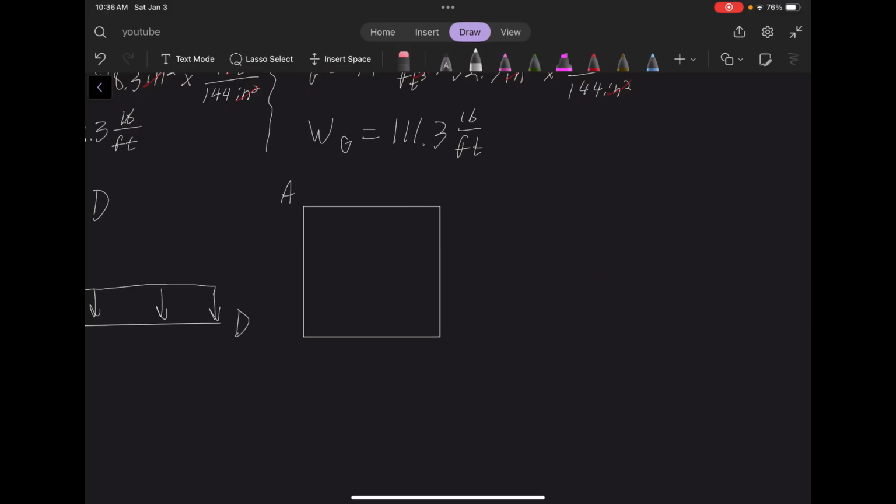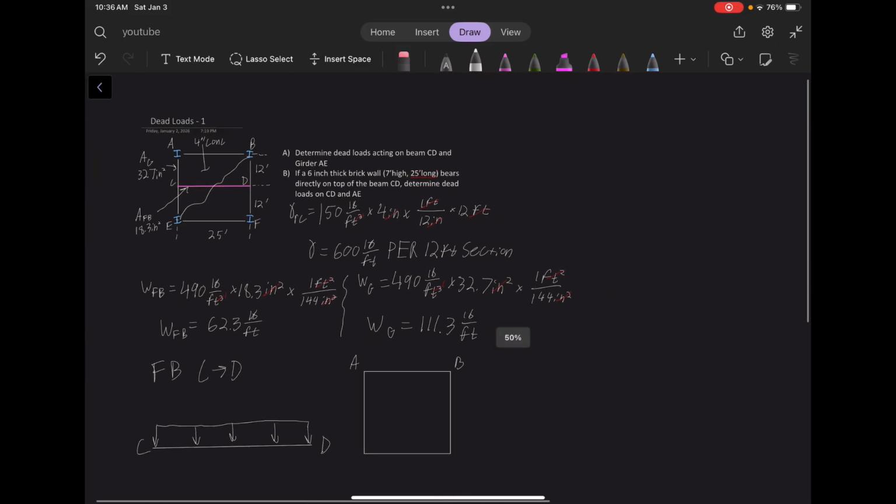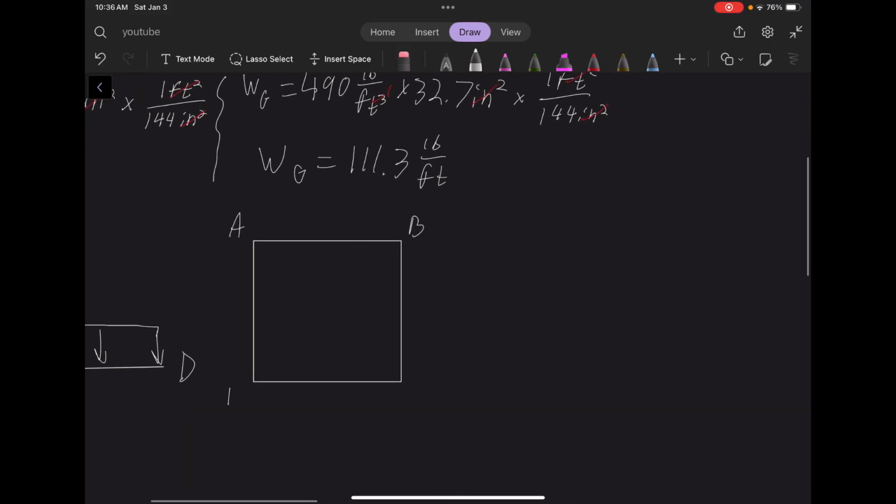So we've got point A, B, and then E, F, C, D. This is the girder, or the floor beam going across. We know that the tributary area is going to be halfway. It's going to be from here to here, because this floor beam or this girder will take this part. I'm going to hatch it instead.